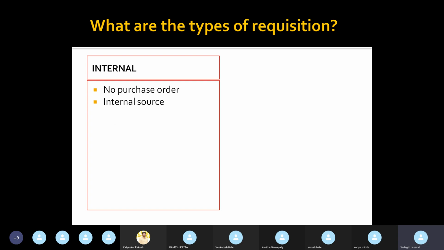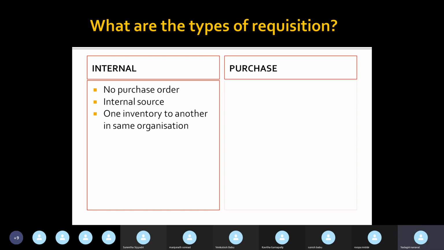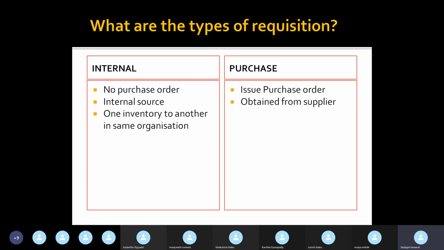Here there is no purchase order, internal source only, from one inventory to another in the same organization. When we move or forward goods from one department to another department, we will not create a purchase order, only an internal one. Purchase order: when we buy goods from the vendor, we create a purchase order here, issue the purchase order and obtain goods from the supplier.